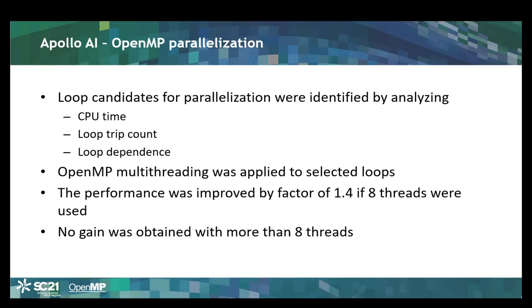Then for the loops that were selected, OpenMP multi-threading was applied. By this step, the performance improvement was a factor of 1.4 when 8 threads were used. Note that no gain was obtained with more than 8 threads.